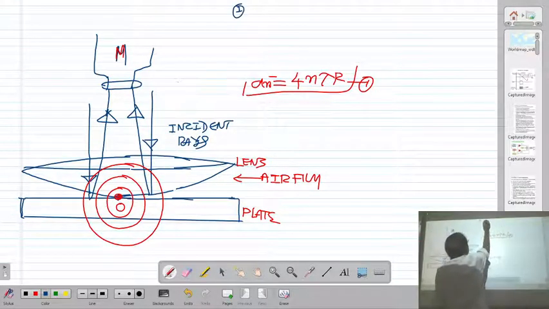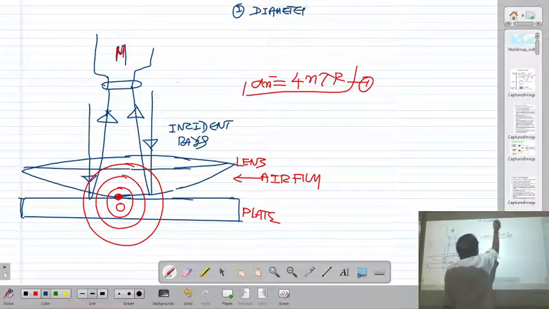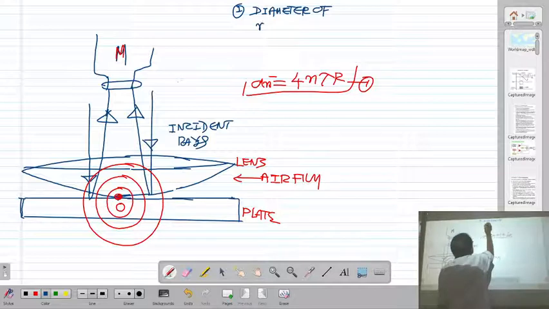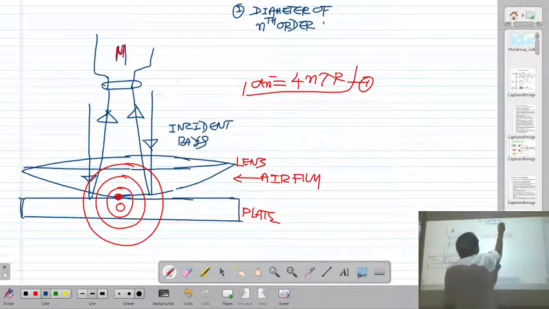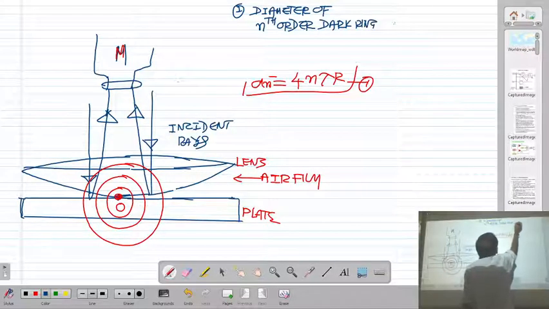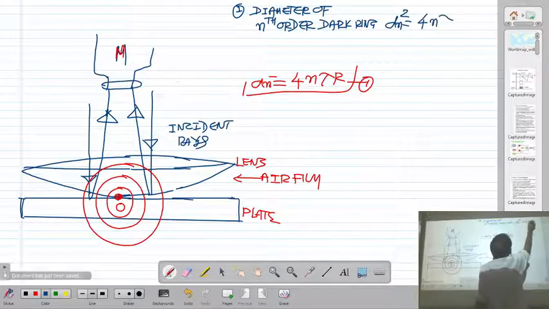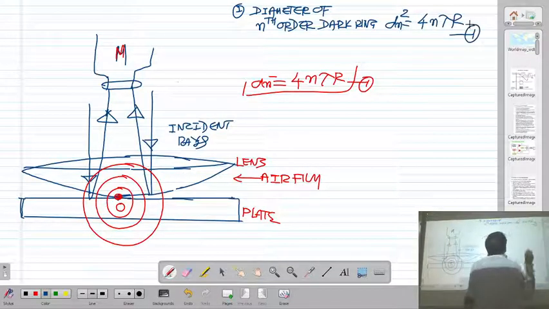Diameter of nth order dark ring: Dn square is 4n lambda r. Equation 1.